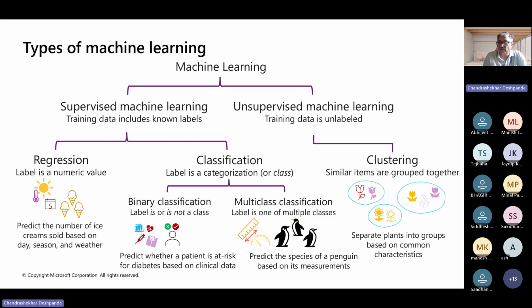There are different types of algorithms: linear regression, SVC, and multiple other algorithms, and using one of the algorithms, you have to train the model. You have to create the model, train the model, evaluate its performance, and thereafter you can use it for prediction.